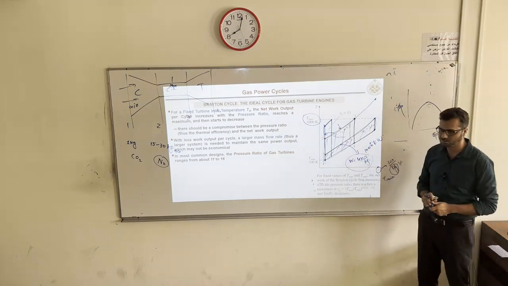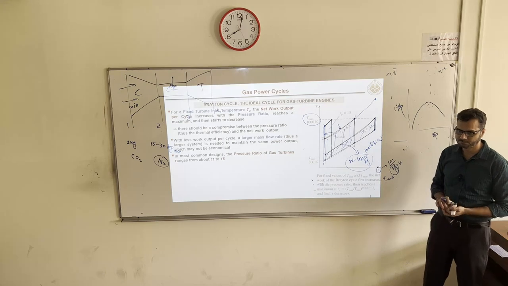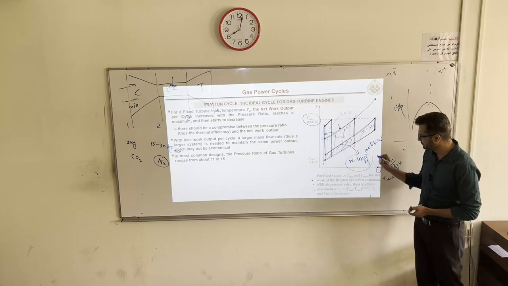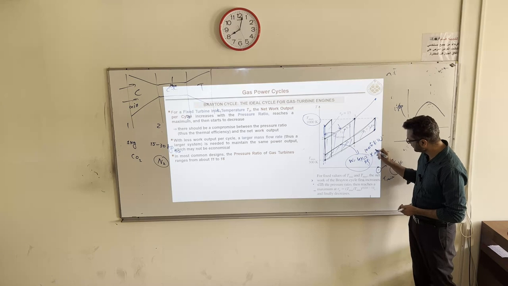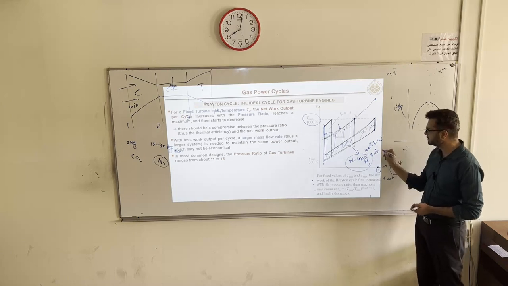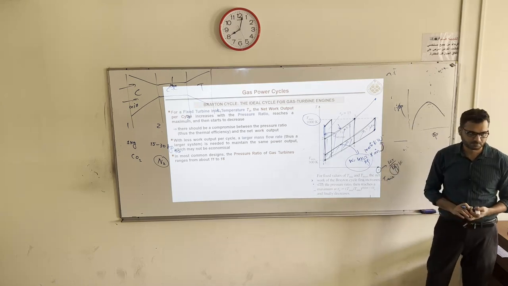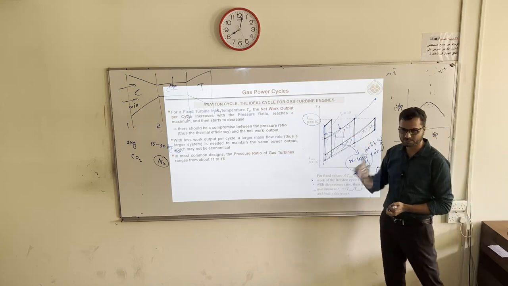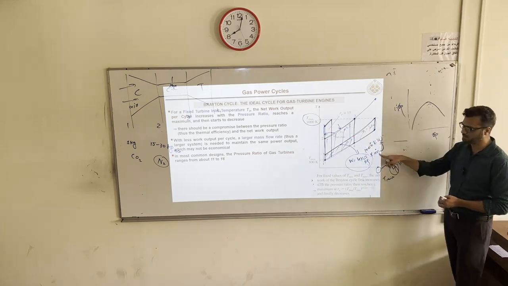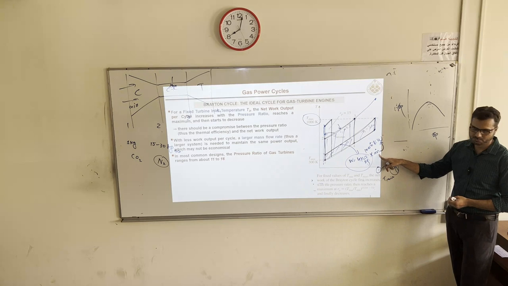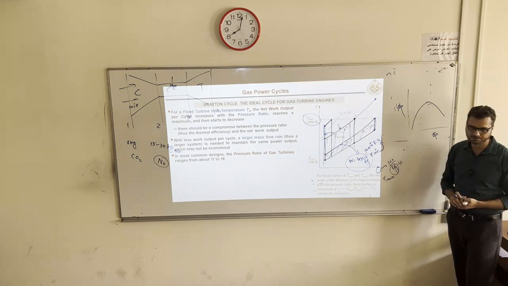To get this much, what should be done? Multiply with that m dot, which can give me this power. Right? So here everything is for 1 kilogram. Then you multiply with the m dot to get the required power, which is our requirement.